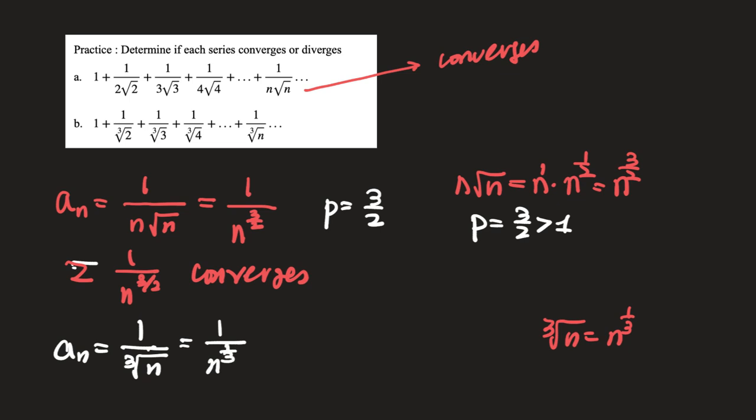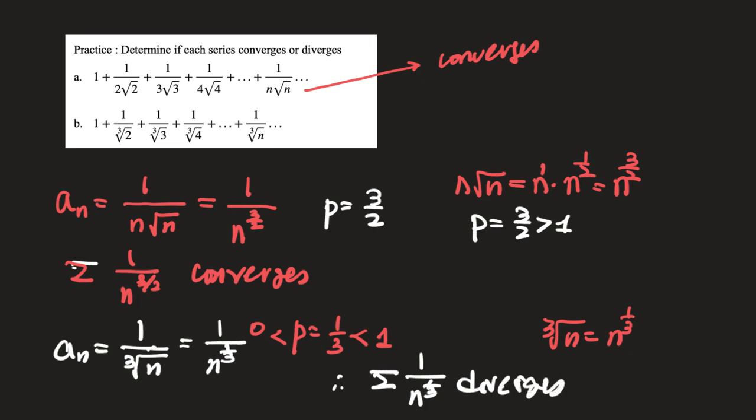What is the p-value? The p-value is 1 over 3, which is less than 1 and greater than 0. So our conclusion is this series diverges. Guys, make sense?